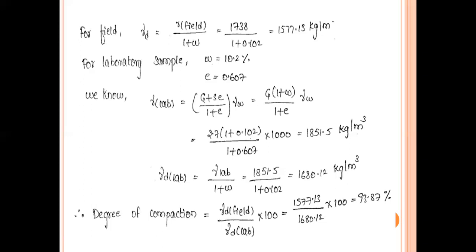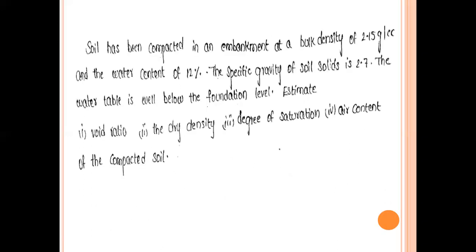Next we go to second problem. Soil has been compacted in embankment at a bulk density of 2.15 gram per cubic centimeter and the water content of 12 percentage. The specific gravity of soil solids is 2.7. The water table is well below the foundation level.